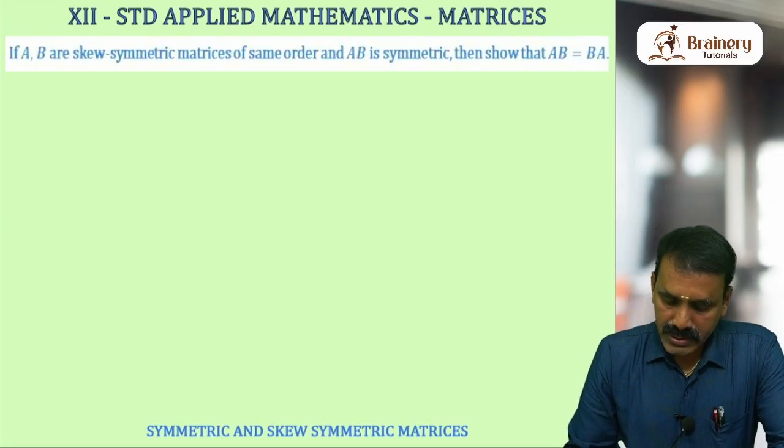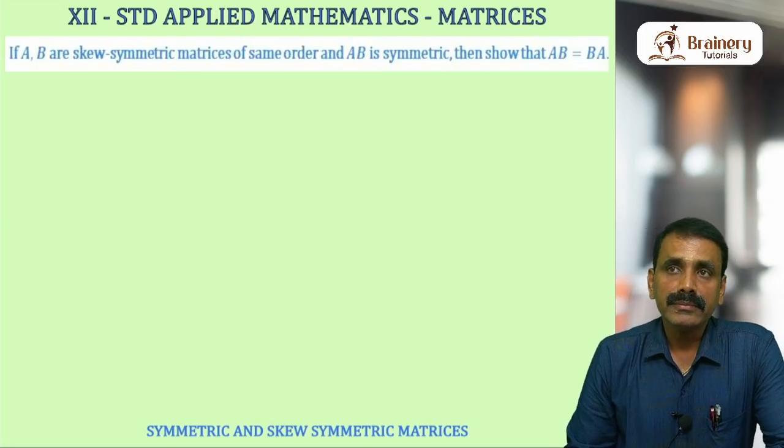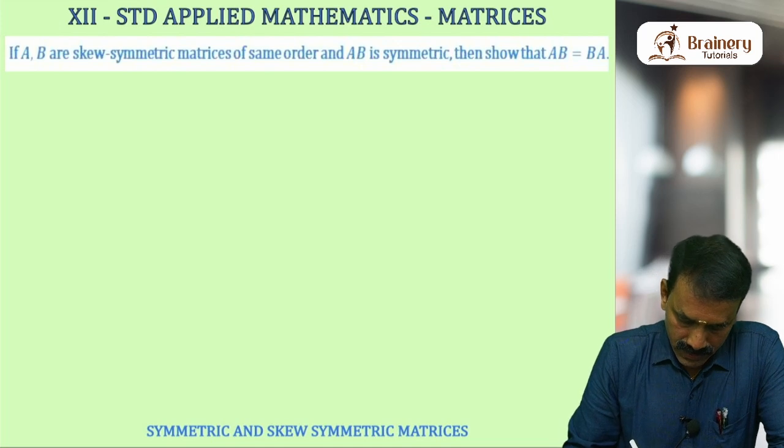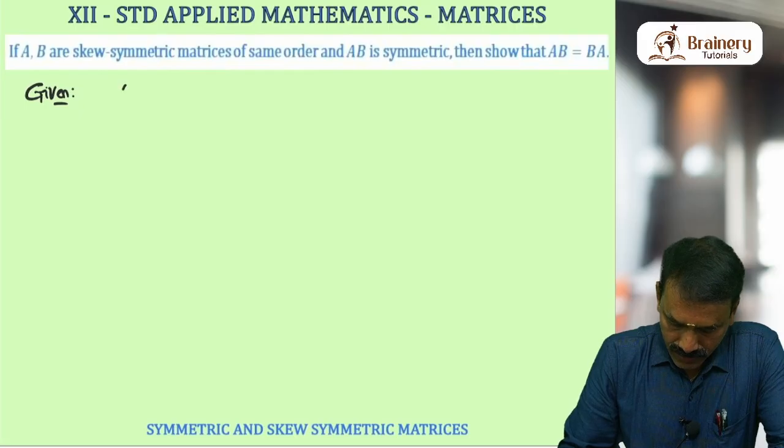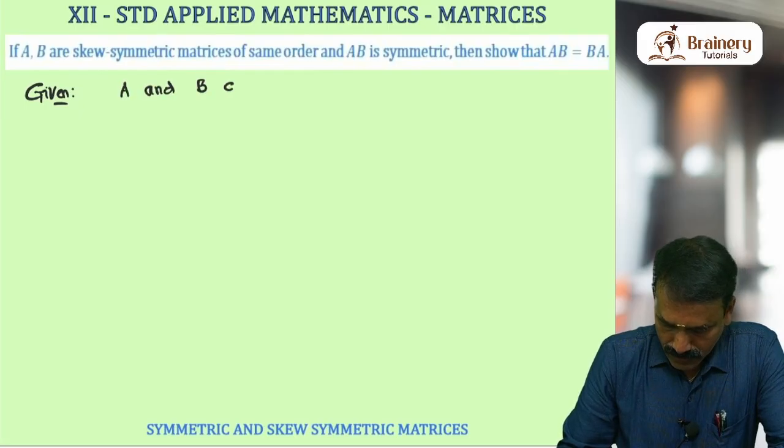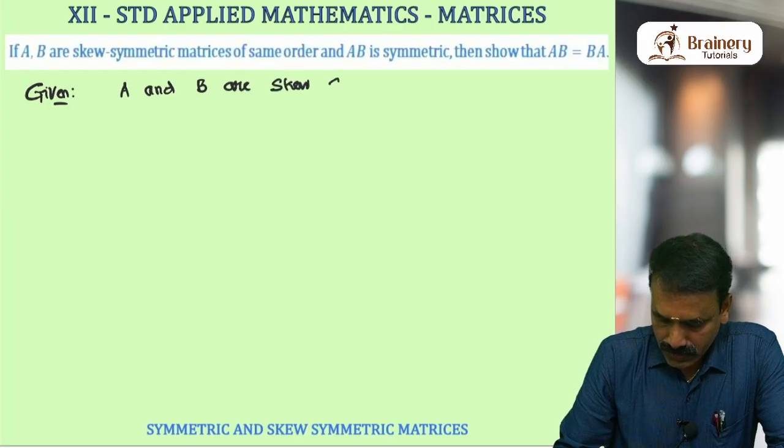So given A and B are skew symmetric matrices of same order.